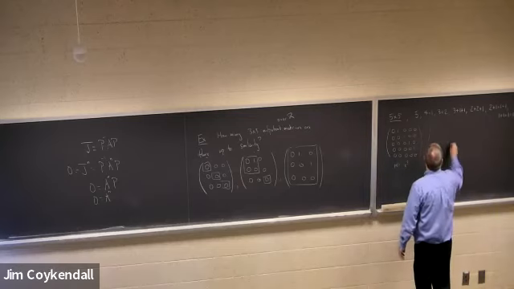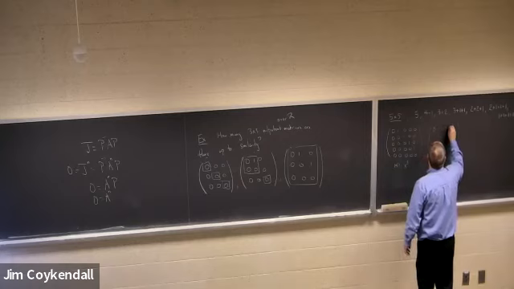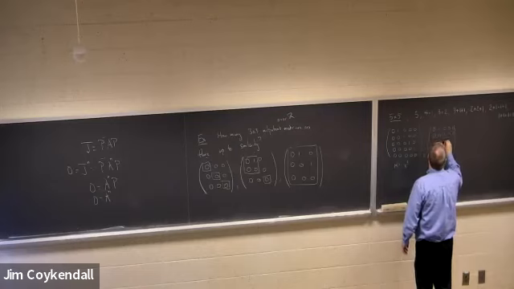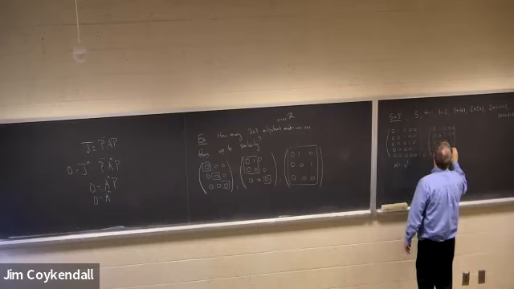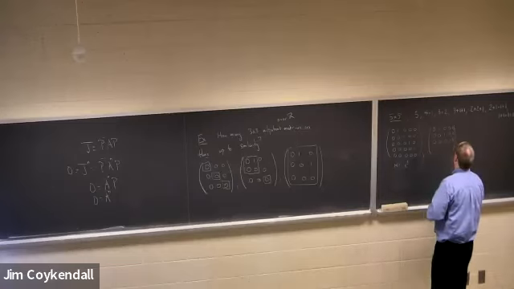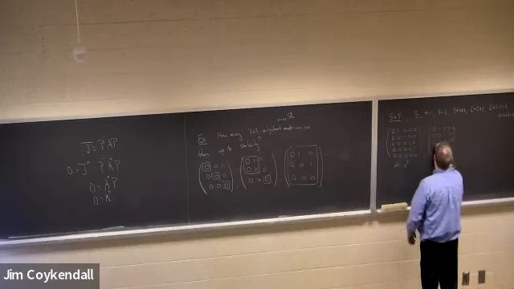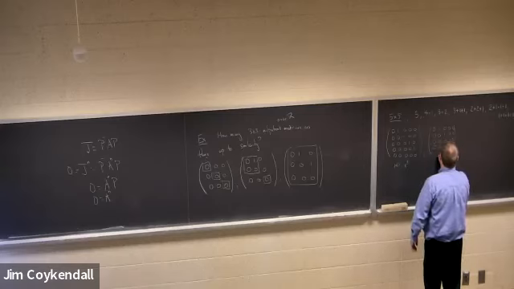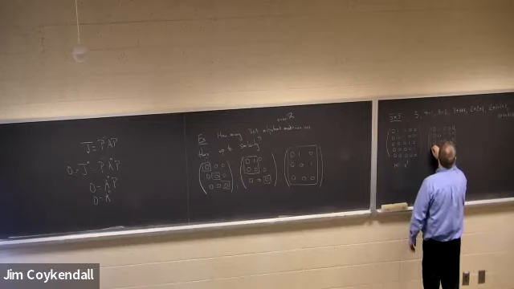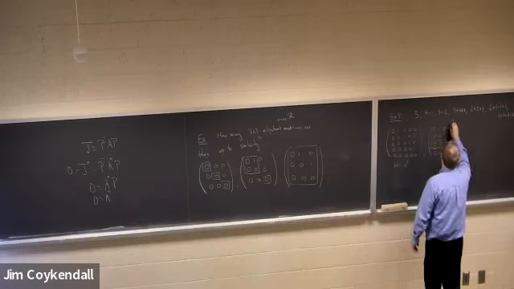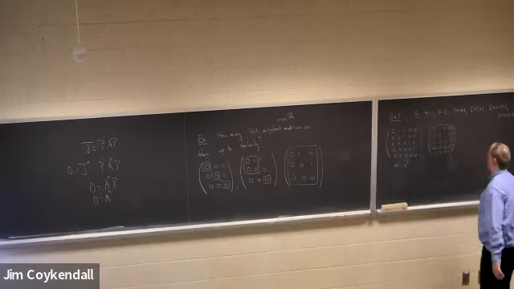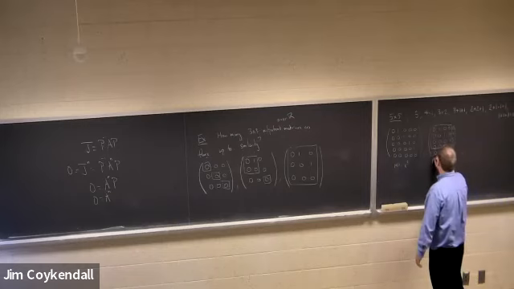This one is a 4 block. So you get this 4 block here, and then a 1 block down here, minimal polynomial, x to the 4th.